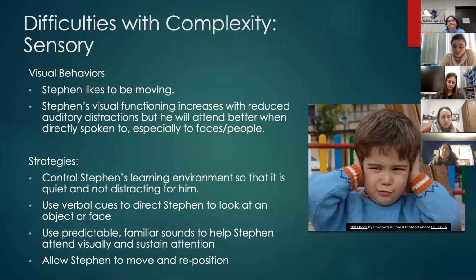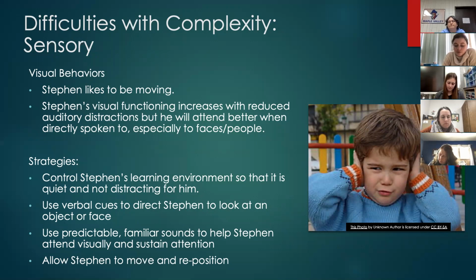The fourth type of complexity is the difficulty with sensory. And this little boy, it's probably how some of us feel some days. Stephen likes to be moving, and that vestibular movement is also a sense of being. So he likes that. You probably have students in your caseload who like to be moving.